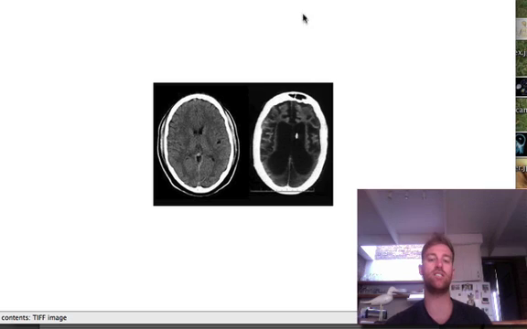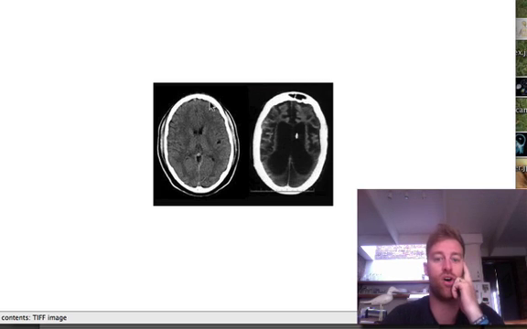They take little slices. So you can see here, this is a cross-section of the brain looking from the top down. So someone's eyes would be here, okay? And what they've done is they just take little slices here and there.